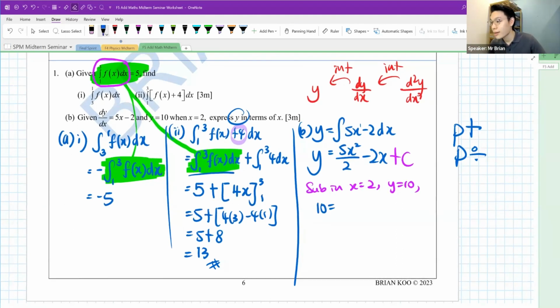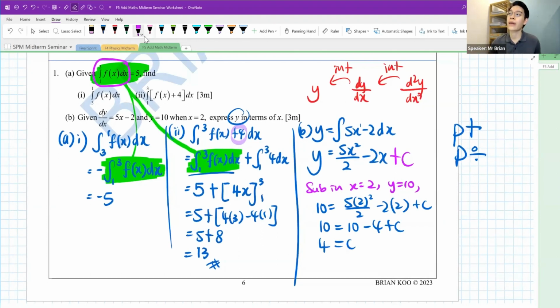So y is 10, x is 2. This is 10, 4 plus c, so c becomes 4. There we have it. That is our equation of y in terms of x.